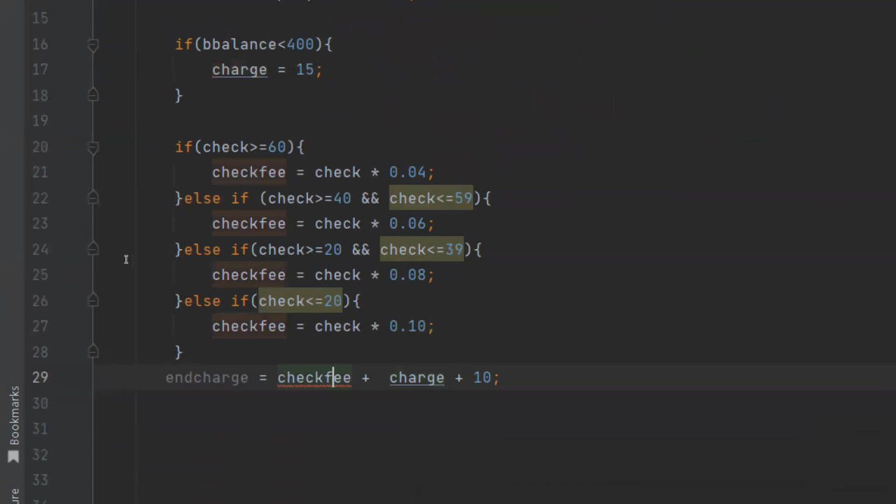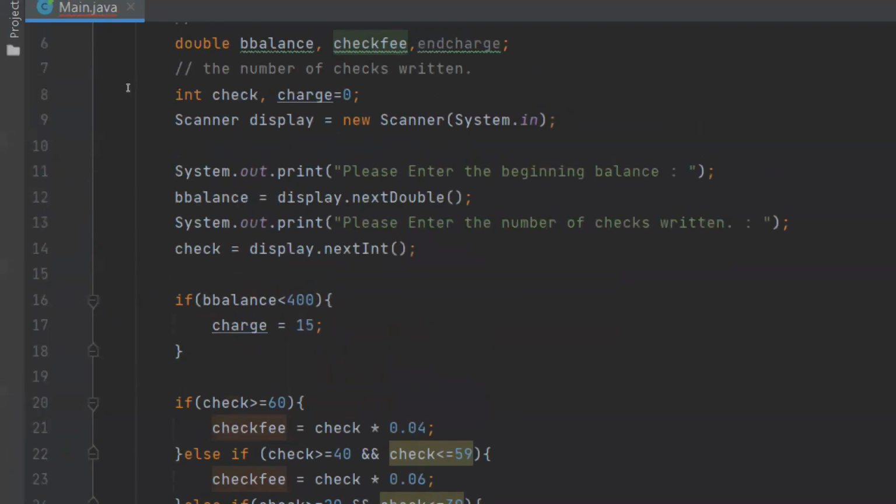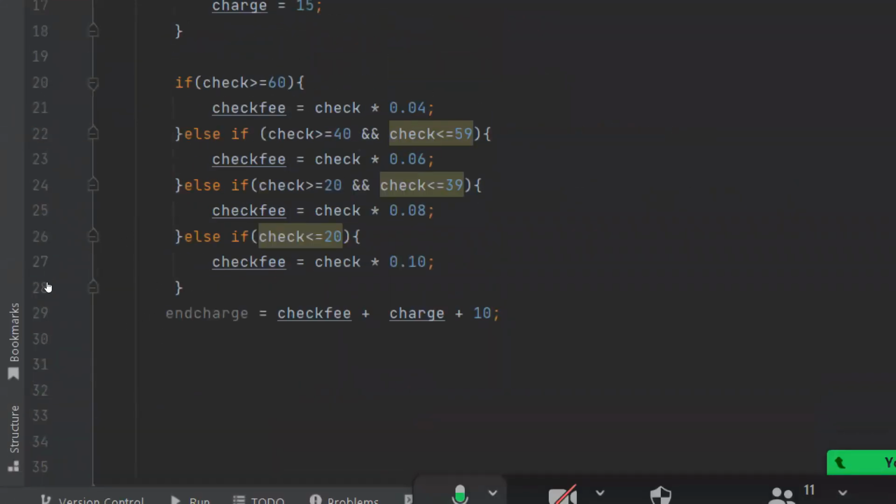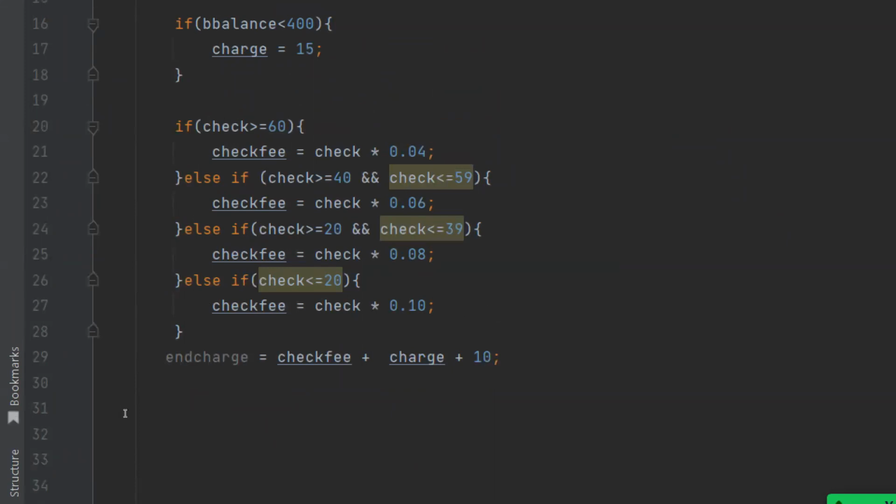The same goes for this. I will never get a fee if the ranges never fall within this. So I must give it an initial value of what? 0. So that if all the checks here never happen, it still has a value of what? 0.